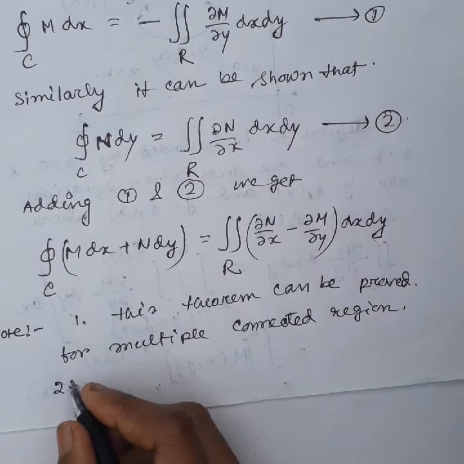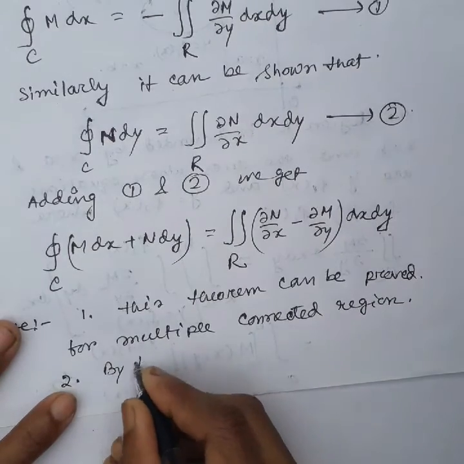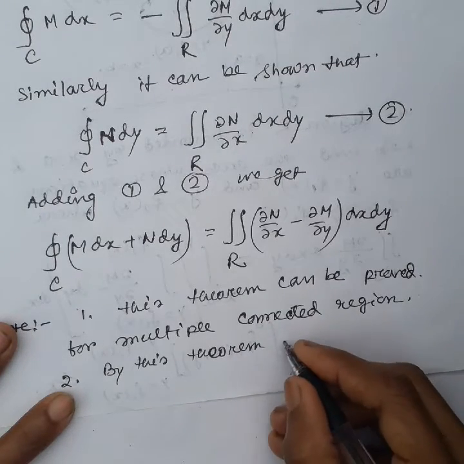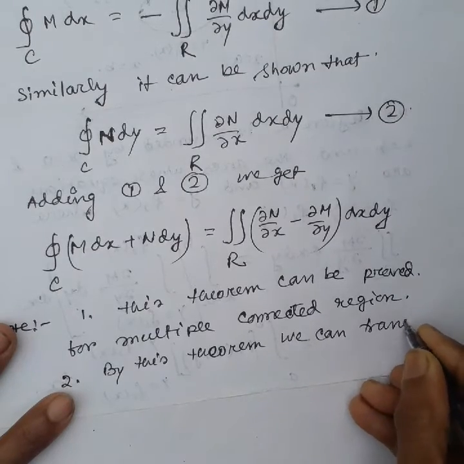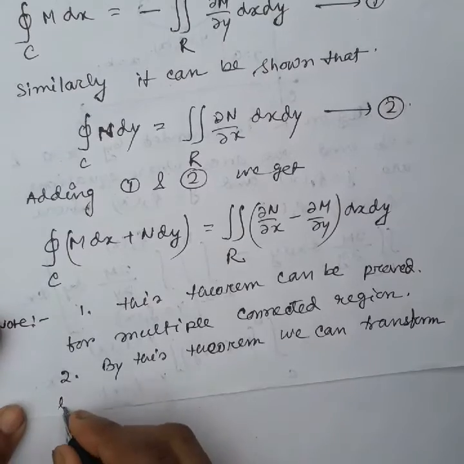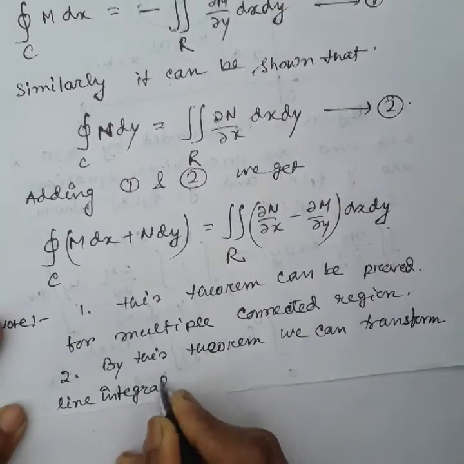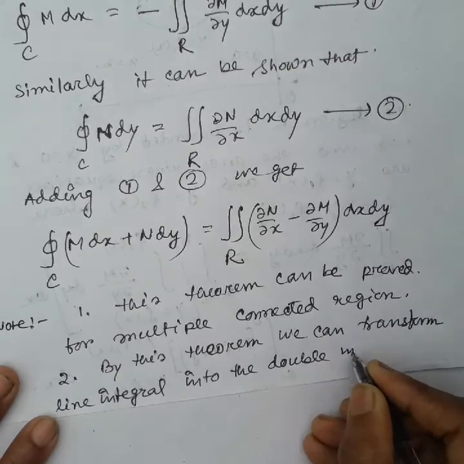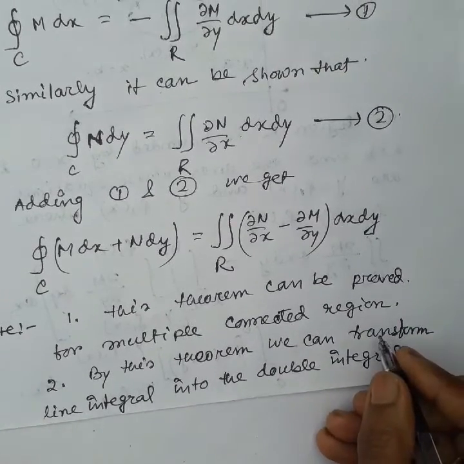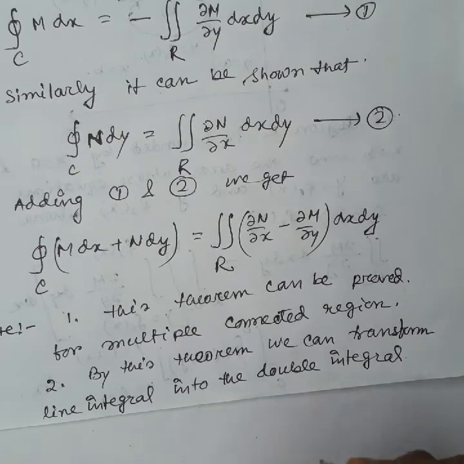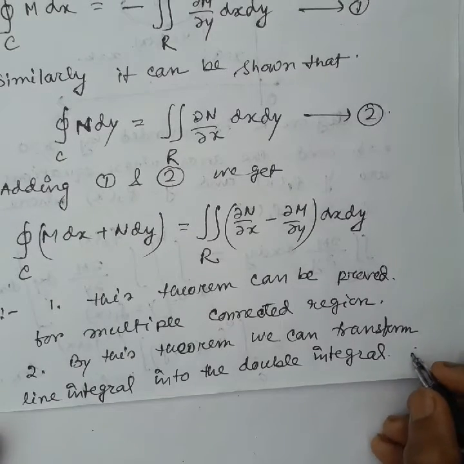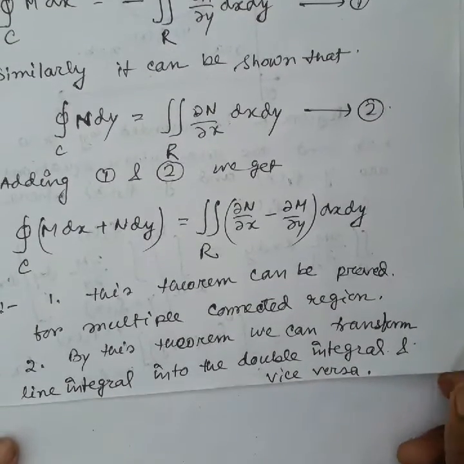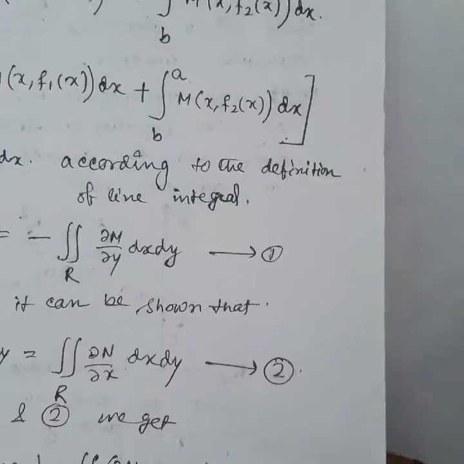Number 2: by Green's theorem we can transform a line integral into a double integral over a region bounded by the closed curve, and vice versa. So this is our Green's theorem.